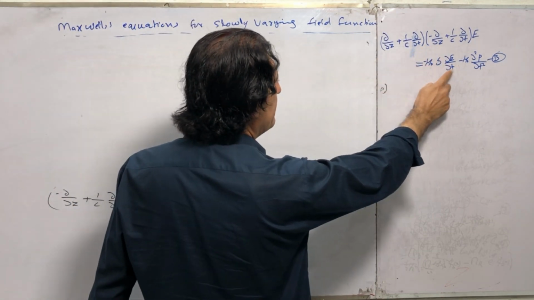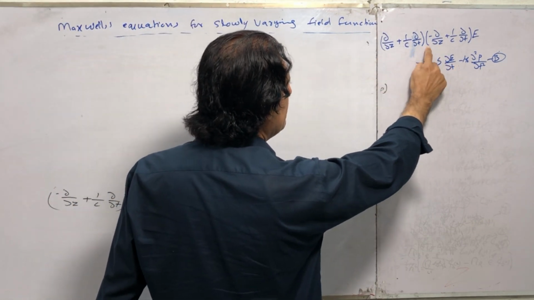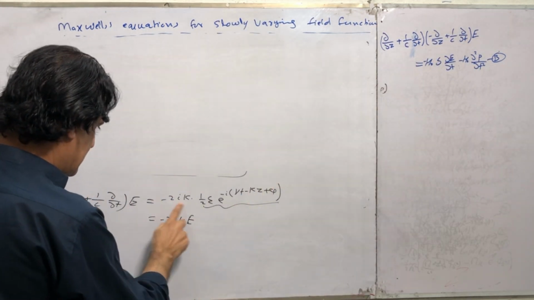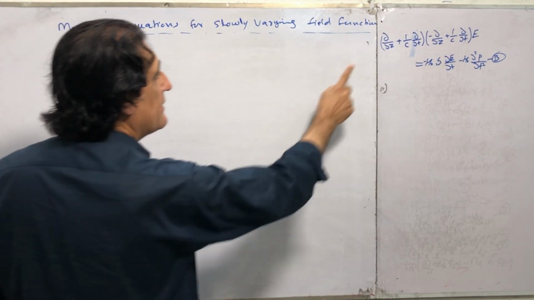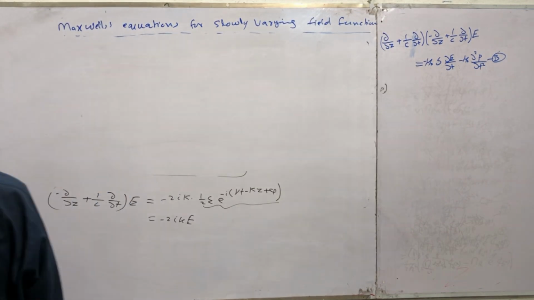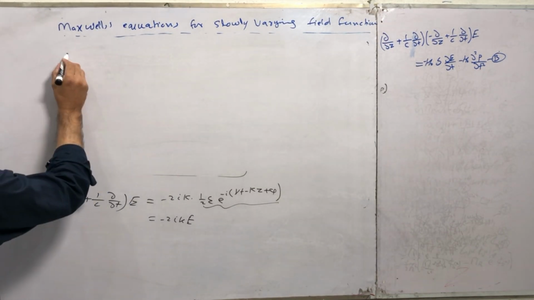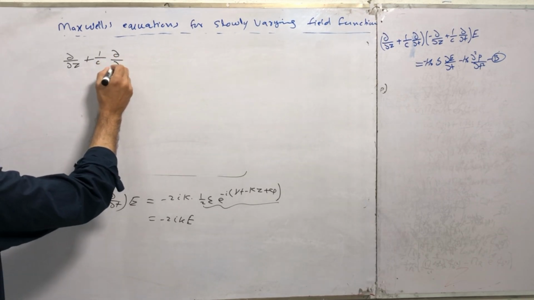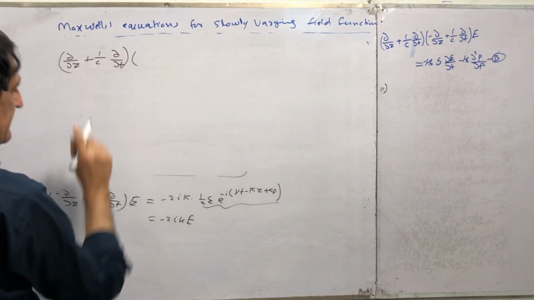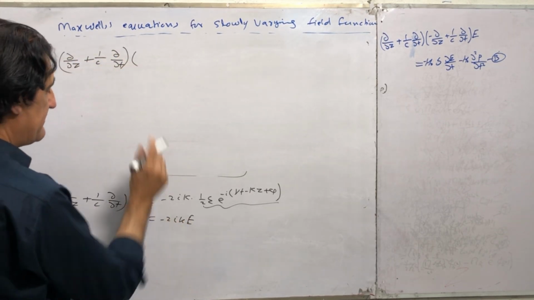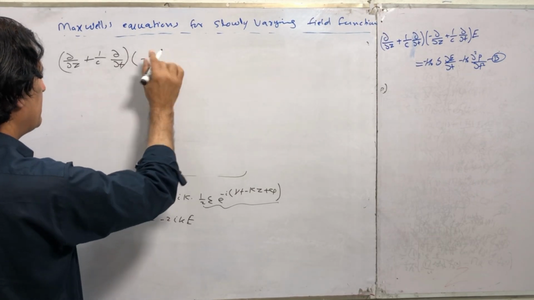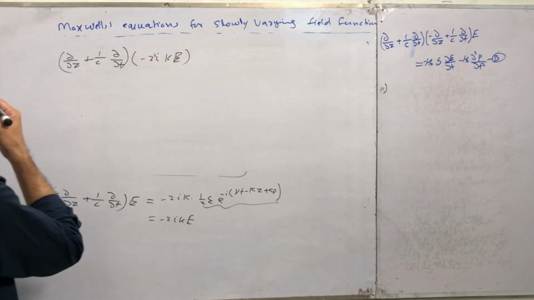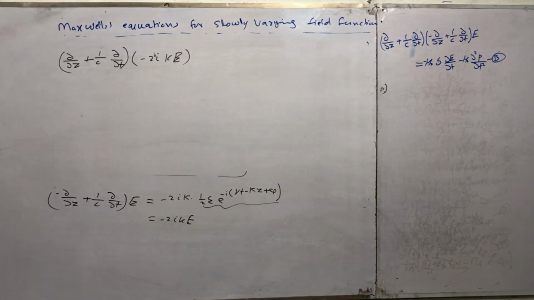If we consider this equation b and we find this and we get this value, then we must multiply this with the second term partial divided by partial z plus 1 over c partial divided by partial t, and we get the value minus 2 iota k and e from the left hand side.